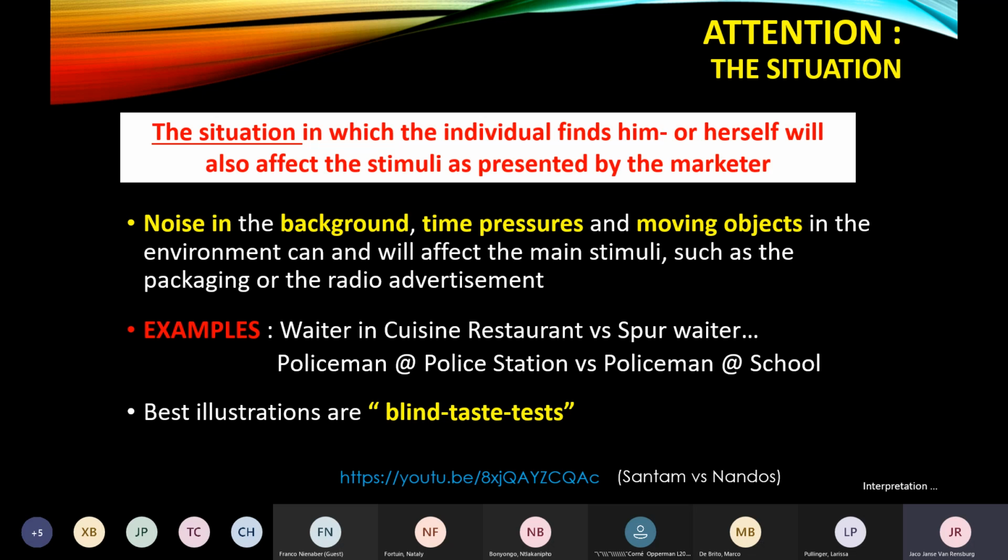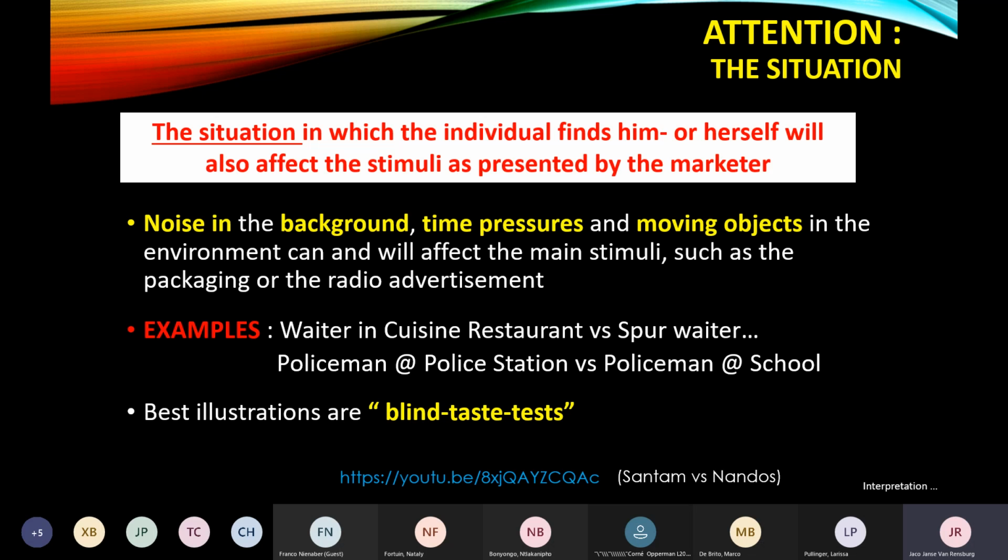Then also background noise, time pressure, objects that move, all of these things play a role in drawing your attention. If we take an example of a waiter in a very fine five-star restaurant where the ambience is very relaxed and there's soft music playing in the background, that person is going to be less stressed and more friendly with the customers.